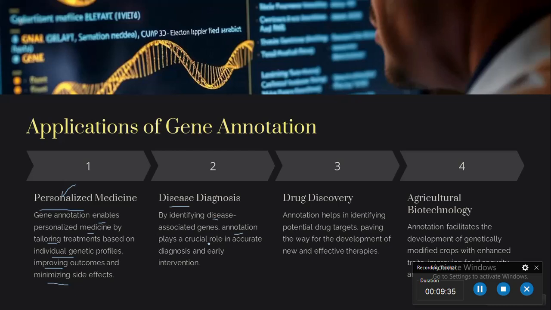Then I study the genes expressed in this cell or tissue when it becomes diseased, so I identify the genes associated with the disease. Then let's go back to our databases and learn the function of these genes. So annotation plays a crucial role in accurate diagnosis and early intervention.